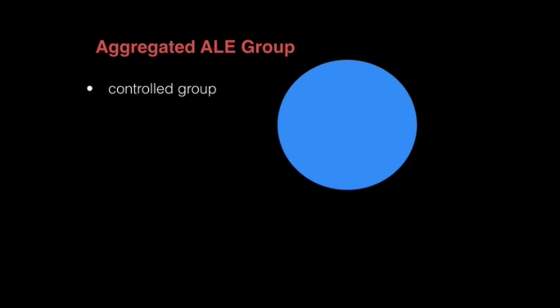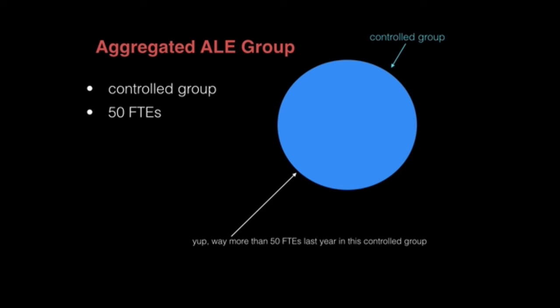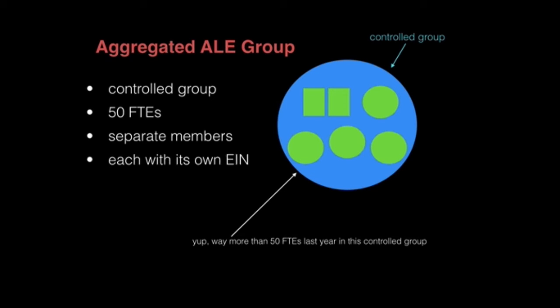It's a controlled group. Okay. That's the blue bubble there, right? Yes, that has at least 50 FTEs. Got it. 50 FTEs. And that there are separate members. Okay, so the separate members are like different corporations in this control group? Yes, different corporations or partnerships, but each one has to have its own EIN. All right, there we go.